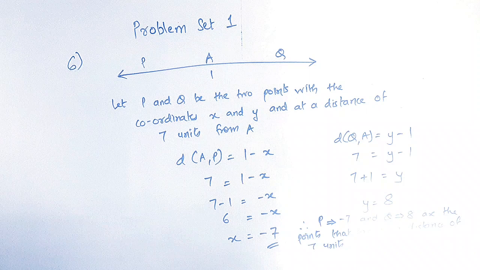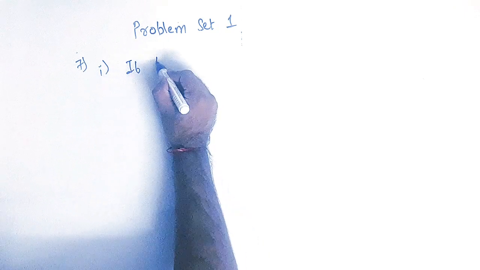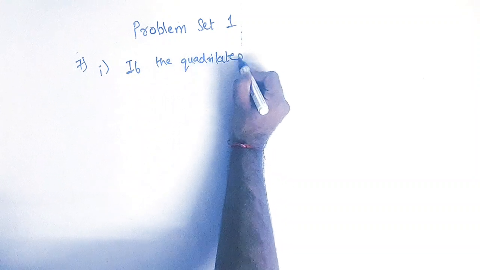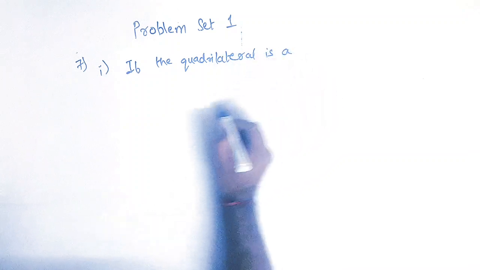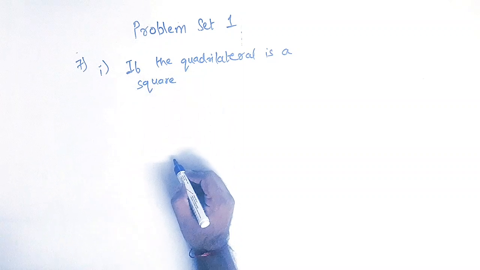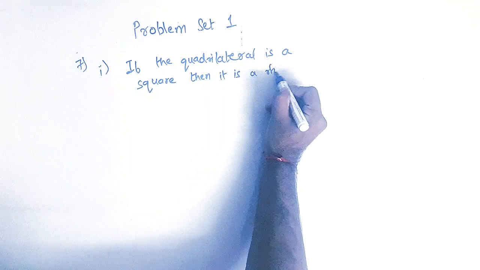Let us move on to next. Okay, so 7th, we have to write the following statements in conditional form. Okay, so first one says that every square is a rhombus. So we'll write, if the quadrilateral is a square, then it is a rhombus.